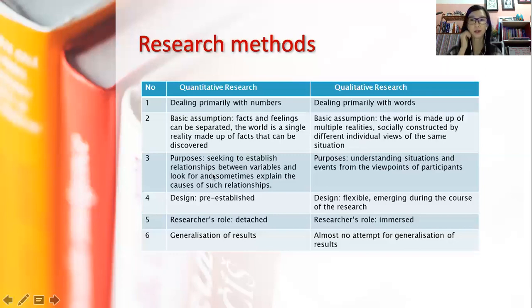When you do quantitative research, what you want to investigate is what we call relationships between variables. What is a variable? We will discuss the definition later on in this video as well. So the purpose of quantitative research is to find relationships between variables and sometimes explain the causes of such relationships.